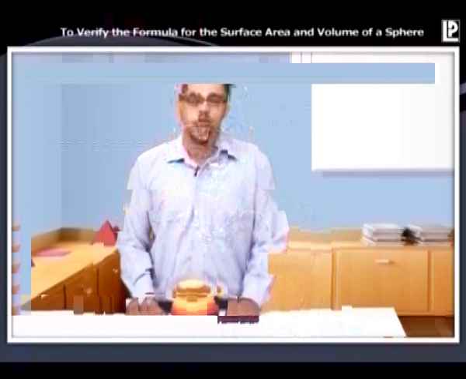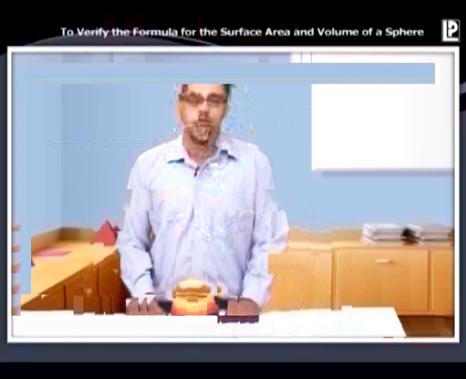We observe that these two values of the surface area of the hemisphere are in close approximation. Hence, this formula of the surface area of the hemisphere can be used to arrive at the formula of the surface area of the sphere. Surface area of a sphere is twice the surface area of a hemisphere. So, surface area of a sphere can be calculated using the formula 4 pi r square.